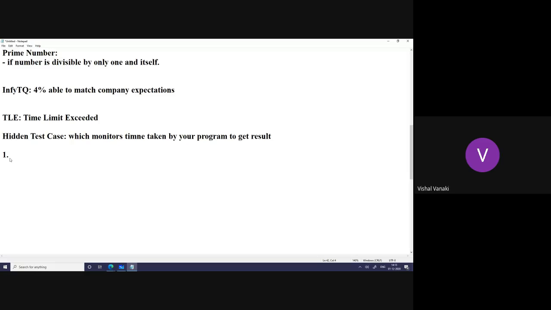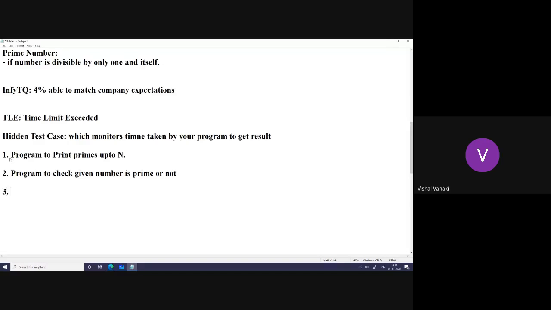One is a program to print primes up to n. Second one is a program to check whether a given number is prime or not.